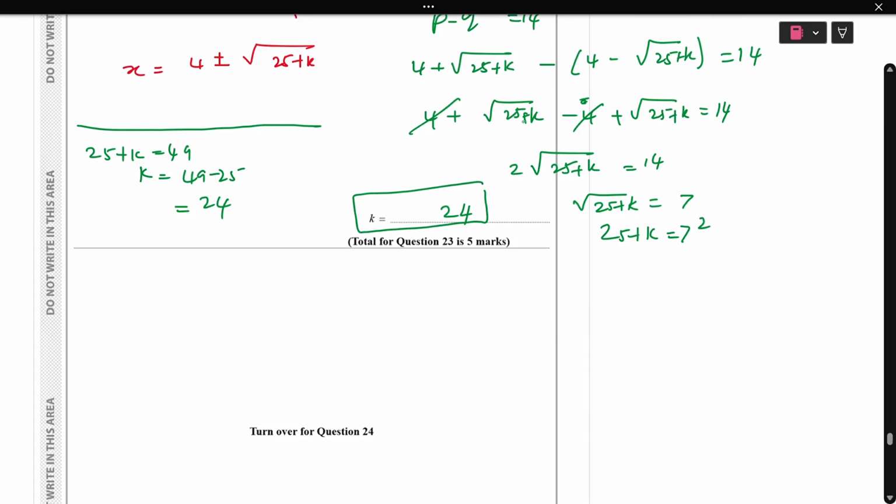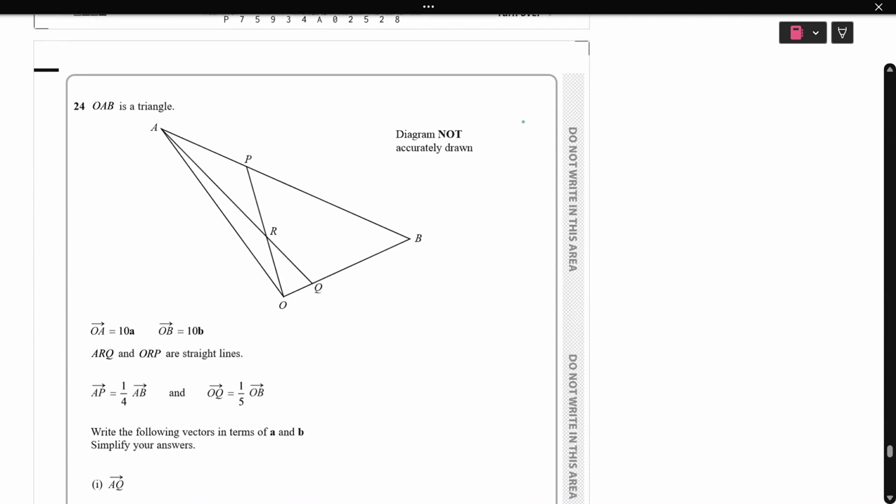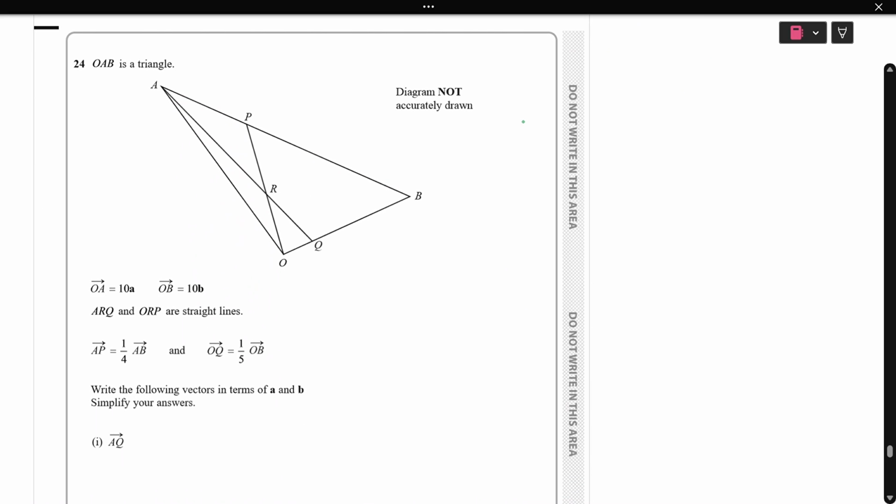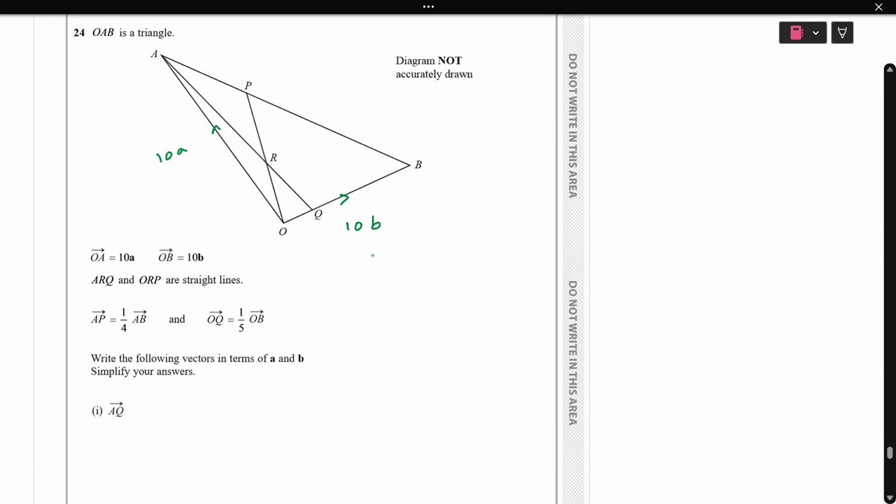Okay, so the next question is a vector question. OAB is a triangle. OA and OB are given. OA is 10a here, OB is 10b here, and AP is 1/4 of AB. So first I'll find out AB.